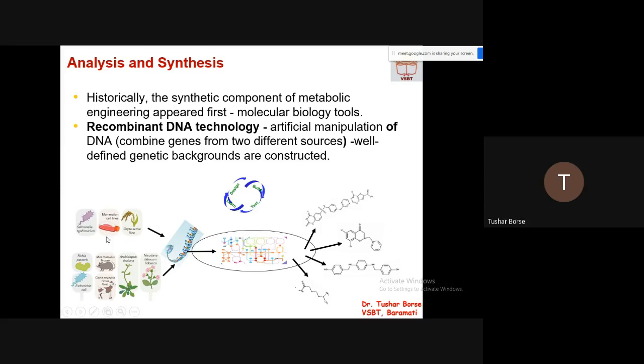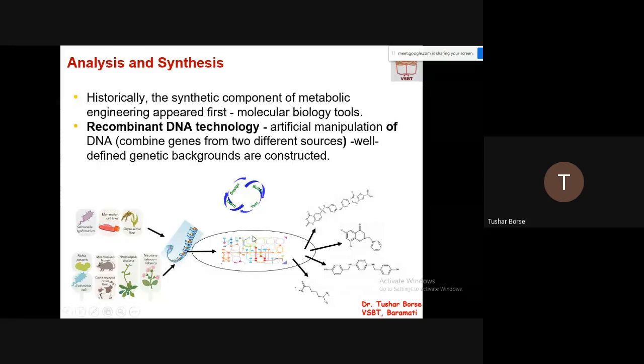So you can see here that you have the different models. I have tried to show the different models. It could be Salmonella, the mammalian cell line, rice, E. coli. It could be Mus musculus, that is the rat. You can call it the goat, Arabidopsis, Nicotiana, etc. Any system you can take. The cell of any system always has genes, and as we know, genes are the ones which actually decide the overall functioning of the cell. So if you modify your genes, you may achieve modification in your metabolism.